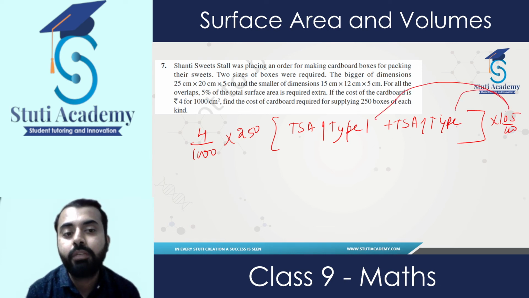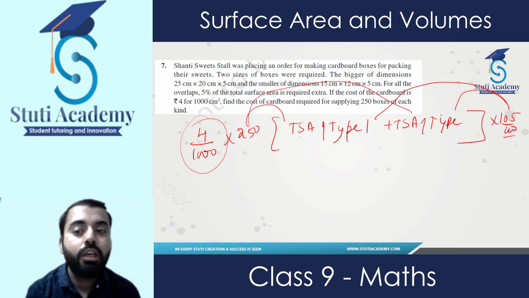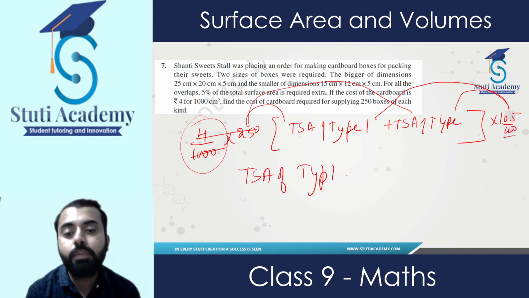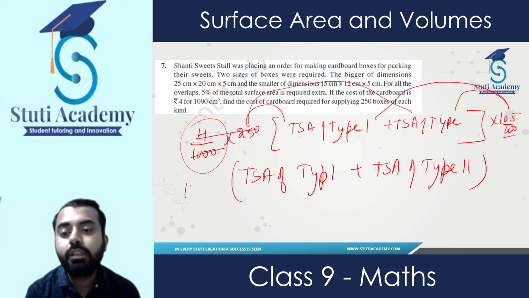It will be multiplied with both of them. I took it common. I had to multiply 250 with each of them, all common. I knew this, after I multiply 4 with 250, I will be getting 1,000. This is out. Finally, what I had was TSA of type 1 plus TSA of type 2 and their 1.